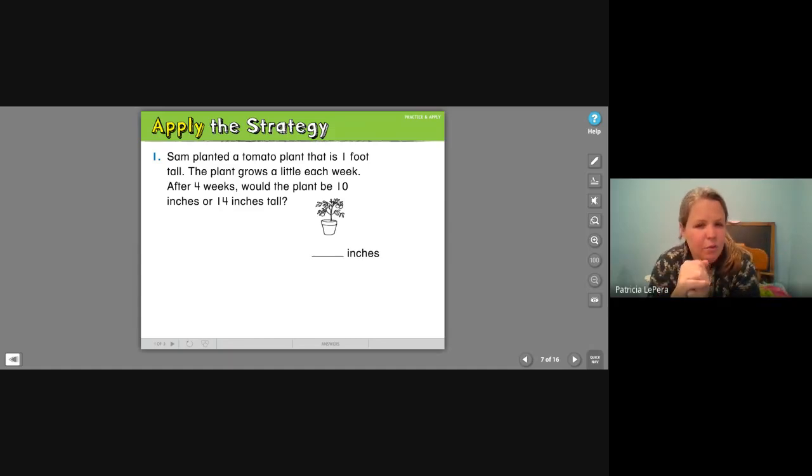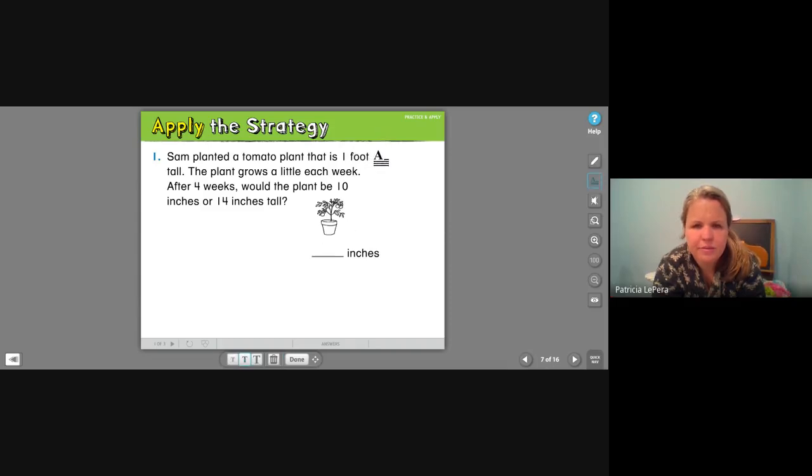The first thing that I want you to notice is that they're using 2 different ways to measure. First, he started with the plant was 1 foot tall. And then later he's saying that it grew and it's some inches tall. So what we need to do first is make sure that they're both using the same measurement. So I think it's easiest to change this first one. So let me get my pen.